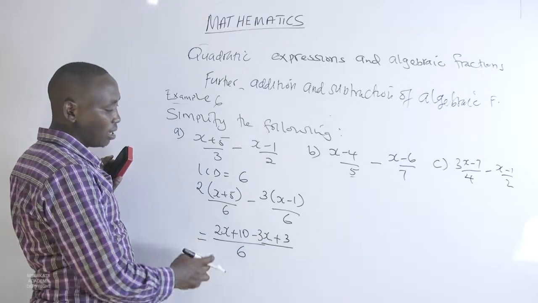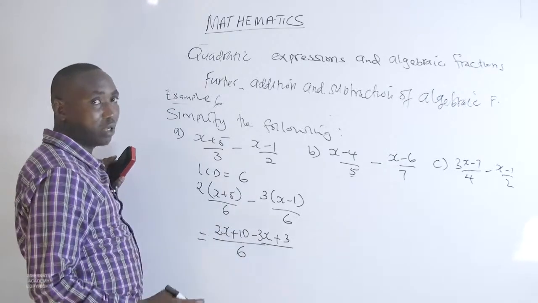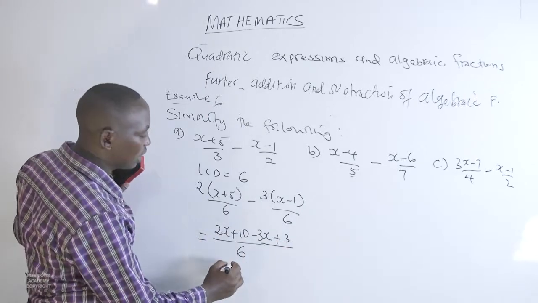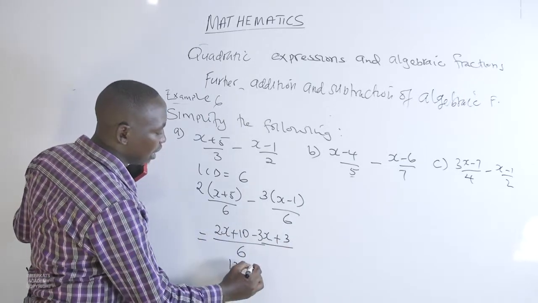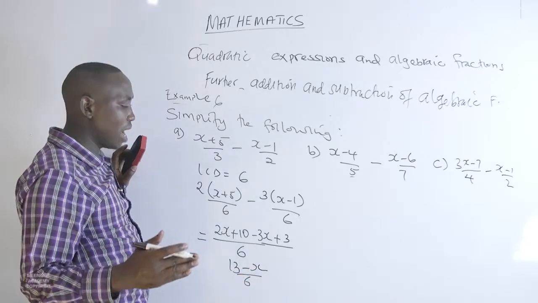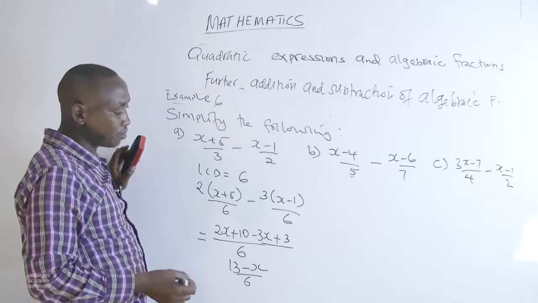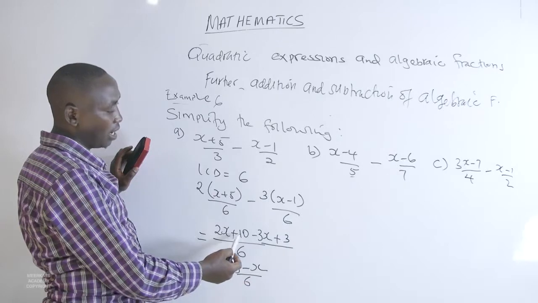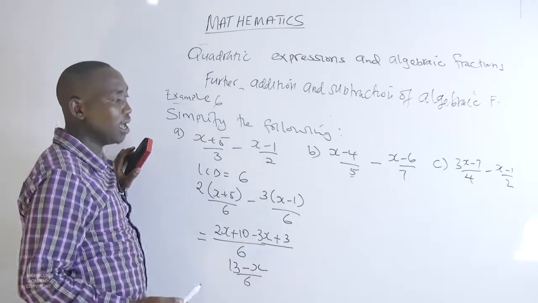So when we add, 2x minus 3x will give us negative x, 10 plus 3 will give us 13. So this will be 13 minus x all over 6. I've preferred to begin with a positive number since 2x minus 3x is minus x and 10 plus 3 is 13.